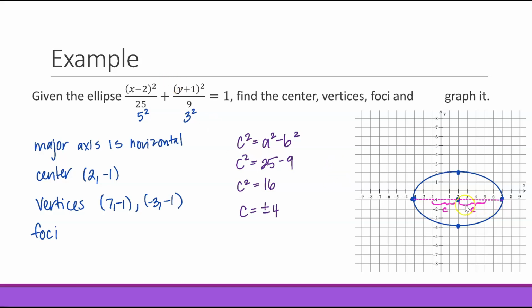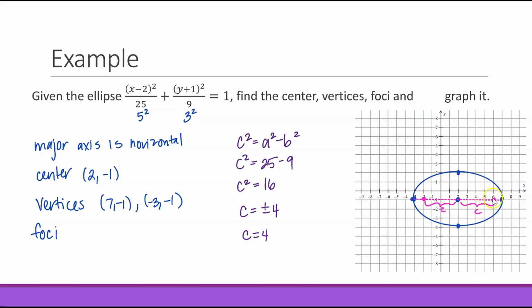So we can see that the distance I travel to the right and to the left is going to be 4 units. So I was off a little bit here. I want to go 4 units to the right and 4 units to the left. So that's going to bring me all the way to (6, -1) and (-2, -1). So that is that distance of c here. The value of c is that 4 units that we're heading to the right and to the left.